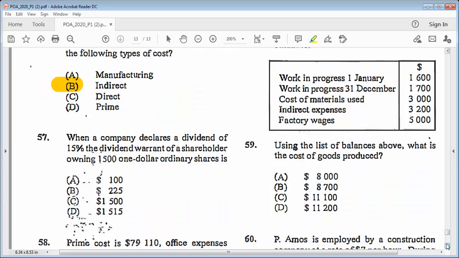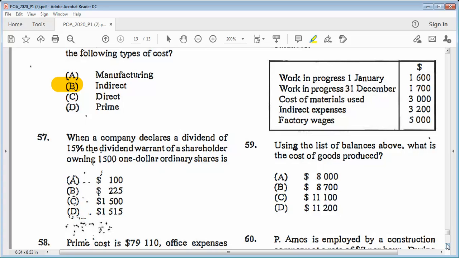When a company declares a dividend of 15%, the dividend warrant of a shareholder owning $1,500 ordinary shares is A, $100, B, $225, C, $1,500, D, $1,515.